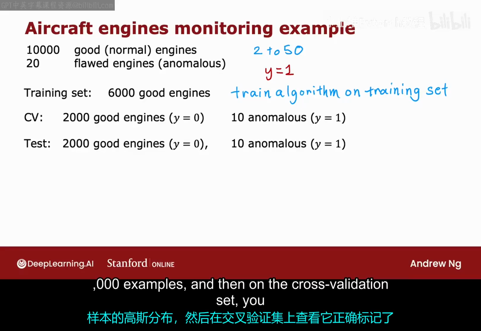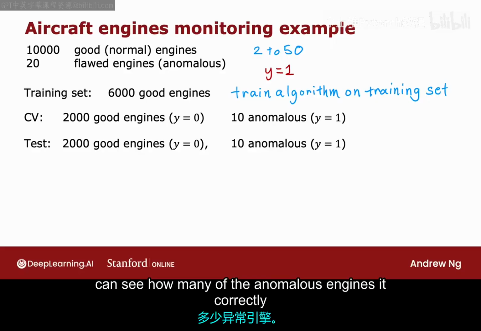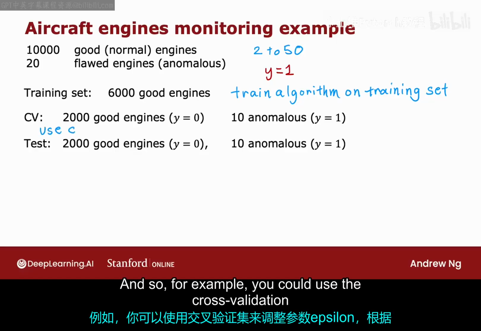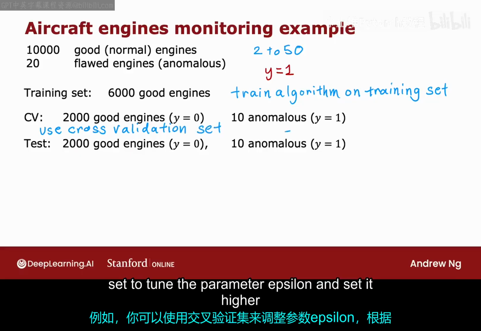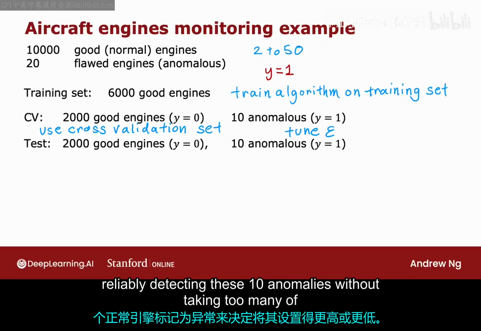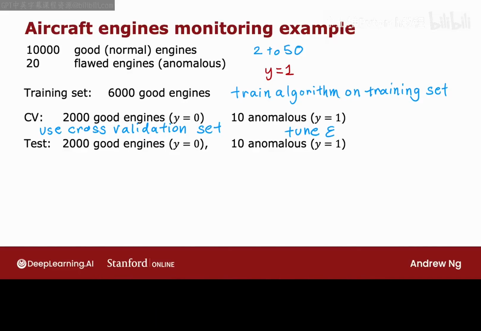and then on the cross-validation set, you can see how many of the anomalous engines it correctly flags. And so, for example, you could use the cross-validation set to tune the parameter epsilon and set it higher or lower, depending on whether the algorithm seems to be reliably detecting these 10 anomalies without taking too many of these 2,000 good engines and flagging them as anomalies.